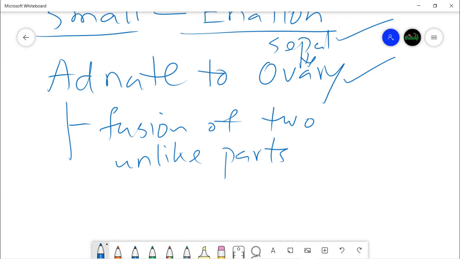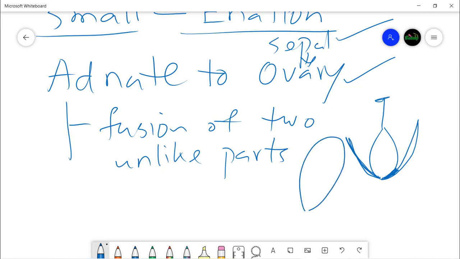And if we draw a basic diagram just to explain the term, so here it is. The sepals are now adnate. They are fused here with the ovary. They are attached to the ovary, and this is what we call adnation or adnate. So fusion of two unlike parts, two different parts. And sometimes you must have seen flowers in which stamens are borne on petals.